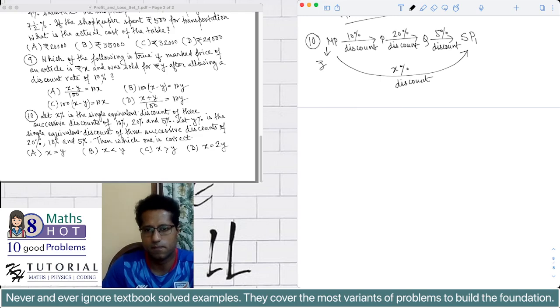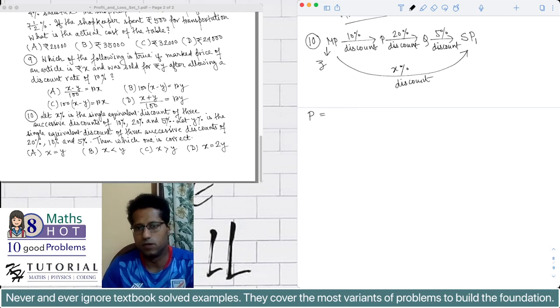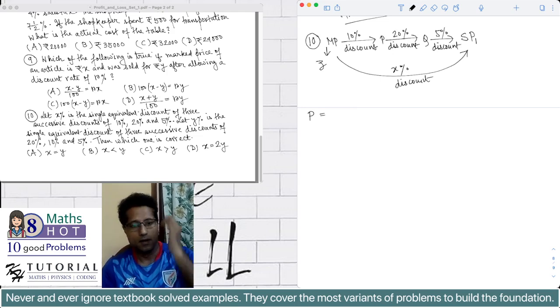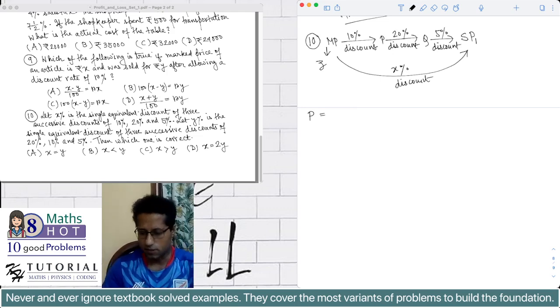So, what is P? P is equal to, now for answering this kind of questions in competitive examinations, you have to be very fast in doing the calculations.